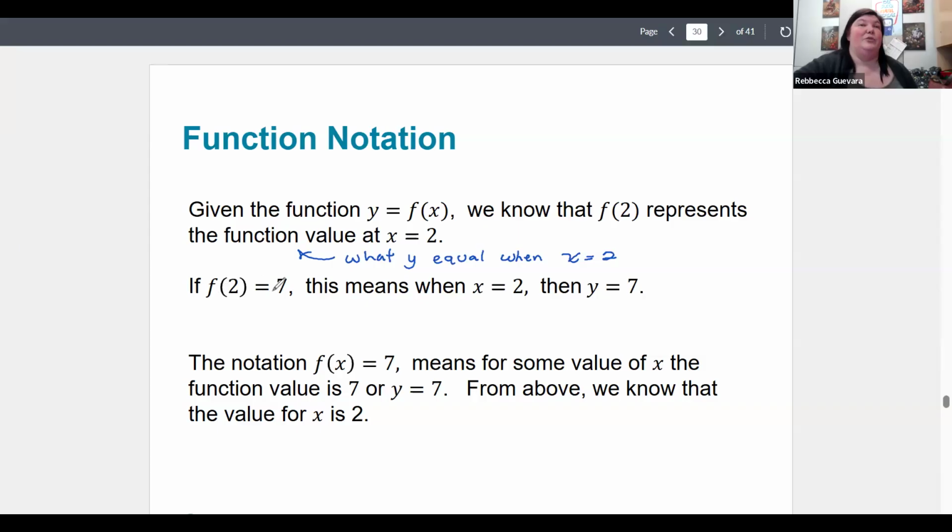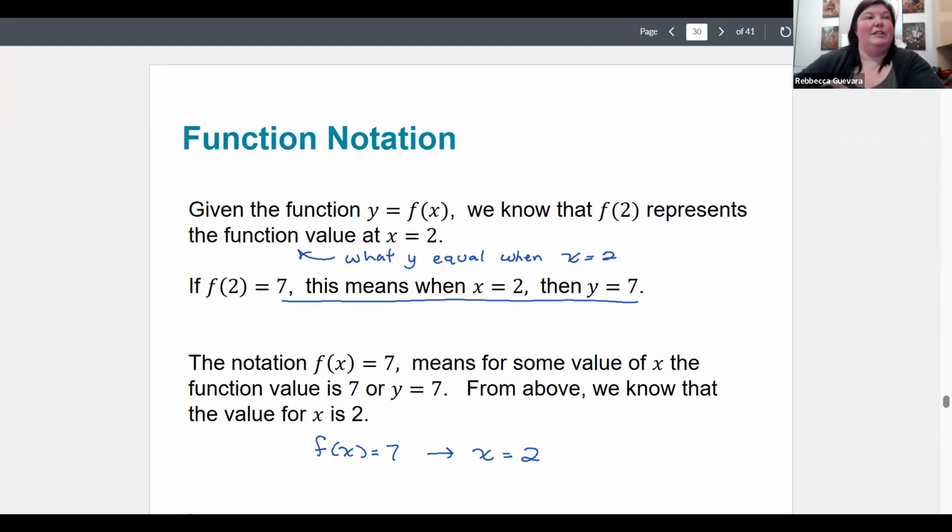So if f of 2 equals 7, this means that when x is 2, then y equals 7. So the notation f of x equals 7 means that for some value of x, the function value is 7, or y equals 7. So from above, if I'm looking for f of x equals 7, I know that x is supposed to be 2.